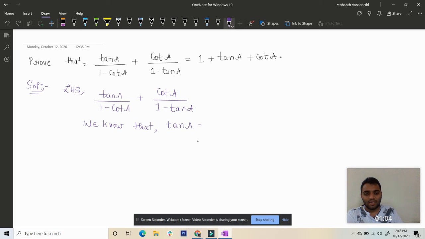So I can write tan A is equal to 1 by cot A and cot A is equal to 1 by tan A.